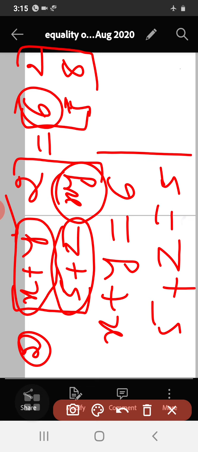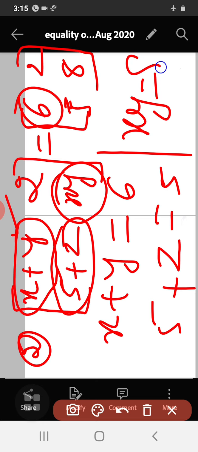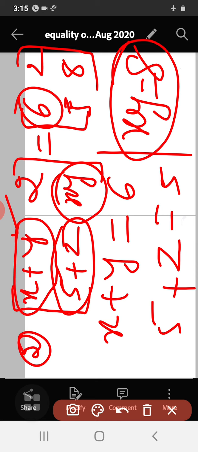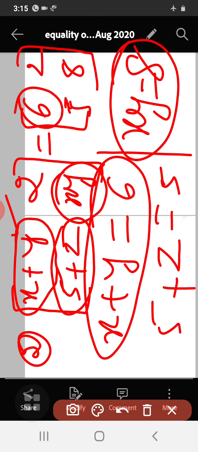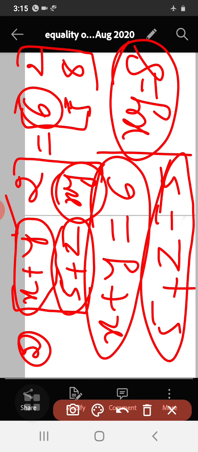And another one is, what is the corresponding element here? xy is equal to 8. So these are the corresponding elements. So we have to find the values of x, y, and z.